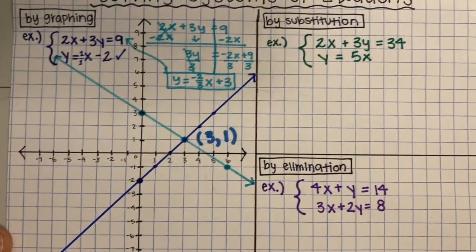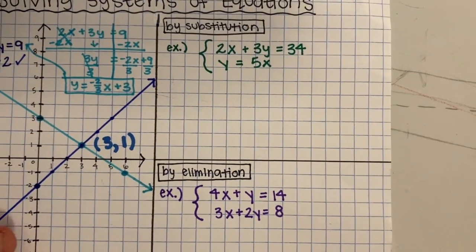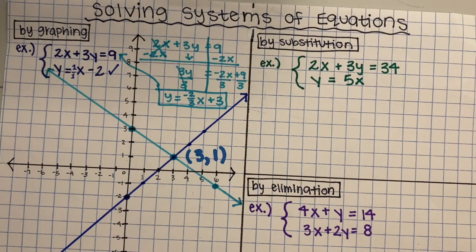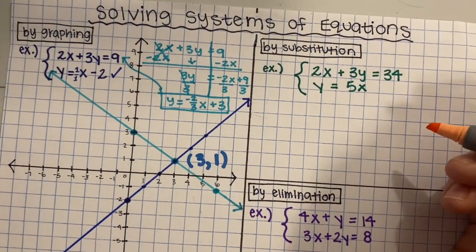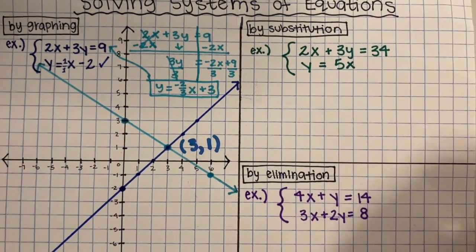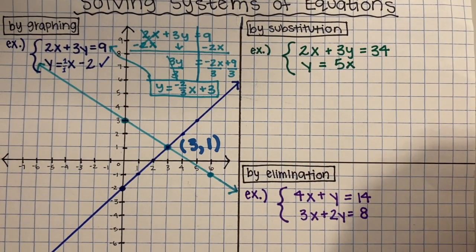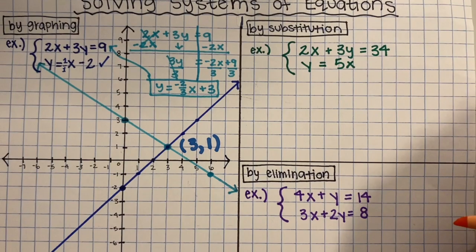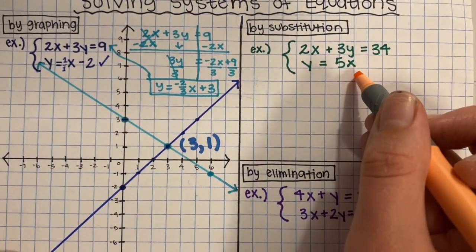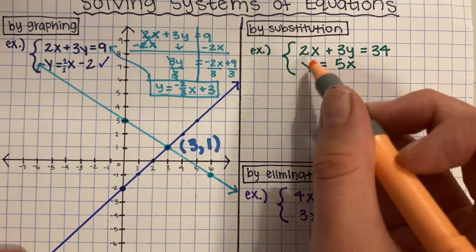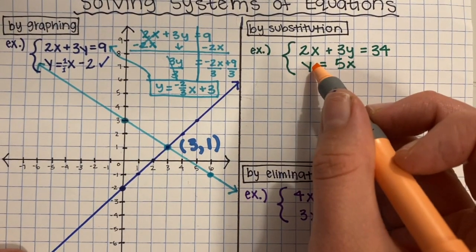Let's look at solving systems by substitution. The idea is that you substitute one of your variables into the equation. So for example, I have an equation in standard form and an equation in slope-intercept form. So this equation is already solved for y.